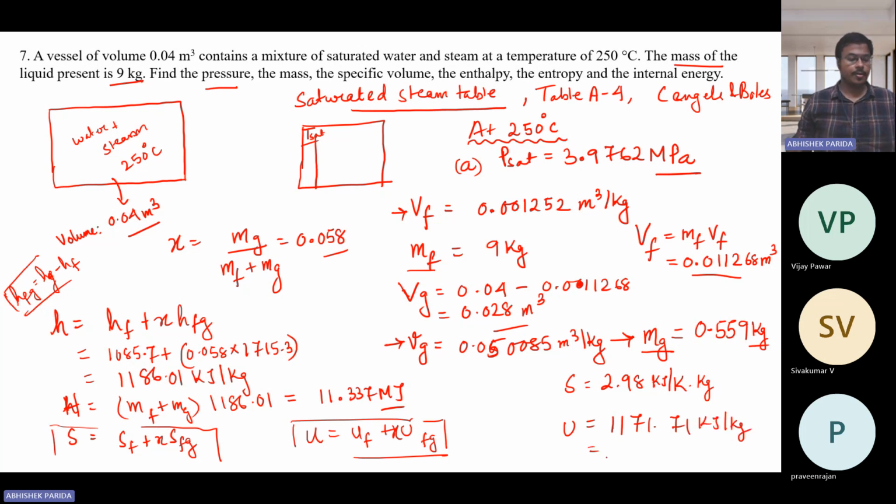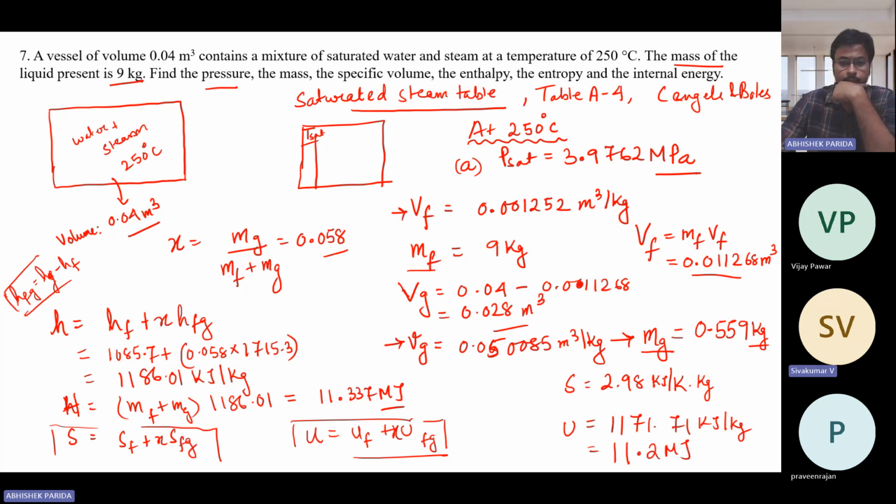And if you multiply 1171.71 into 1.559, I think 1.8 megajoule. Okay. I hope you understood this question. Correct? You understood, right? Yes, sir.